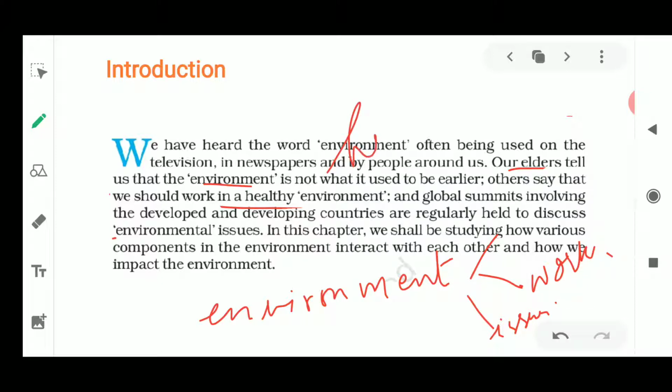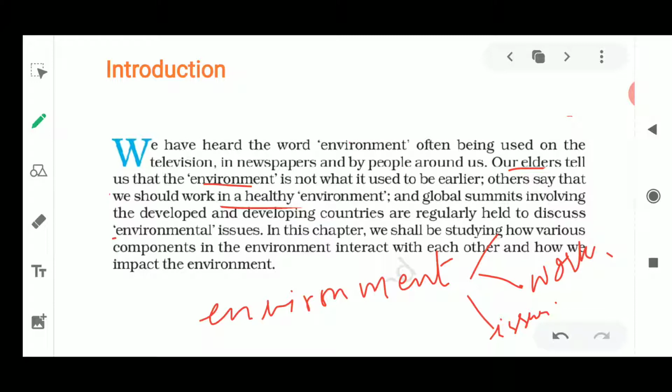According to the definition, healthy means you are physically and mentally fit. If you are living in an environment which is not very fit, not very fine, and not working according to our needs, it means we are working in an unhealthy environment.